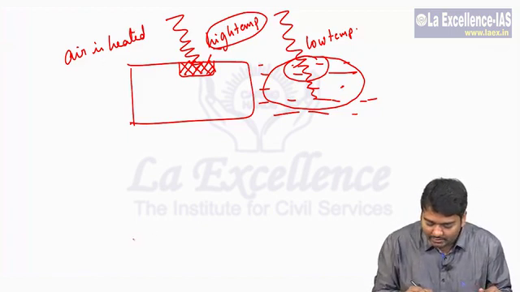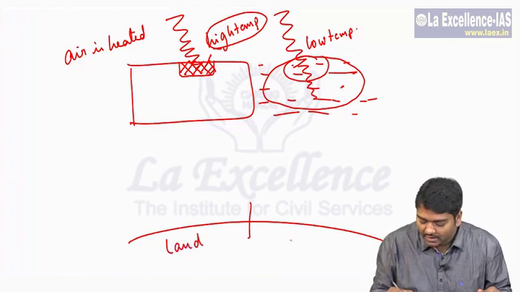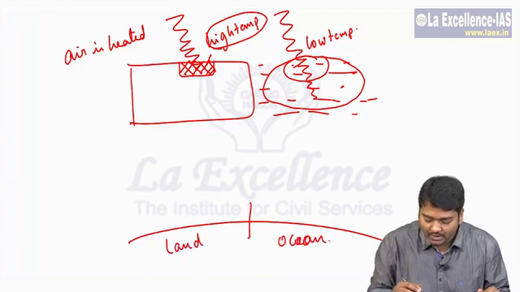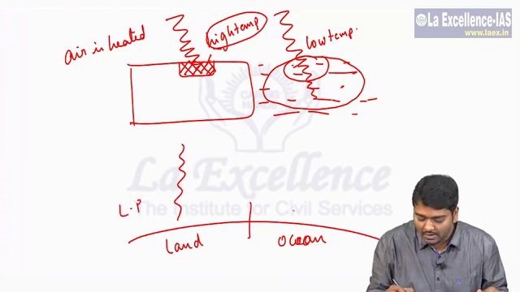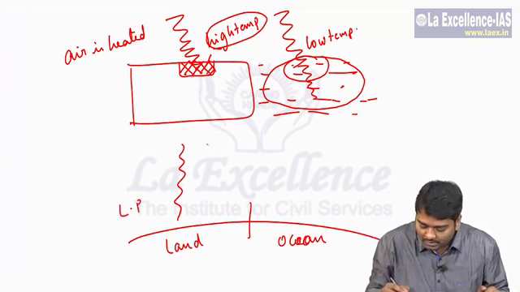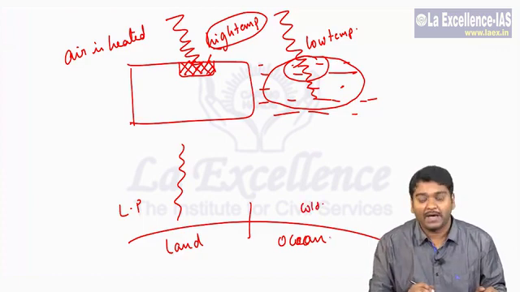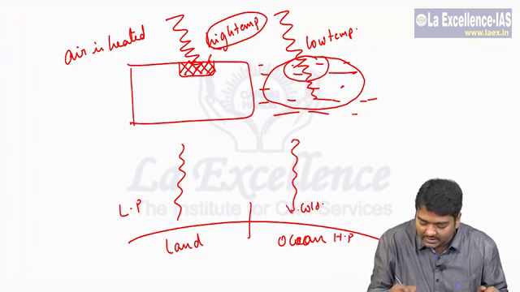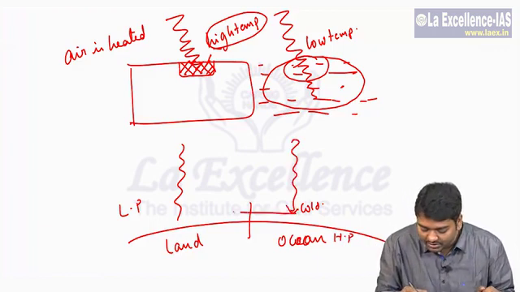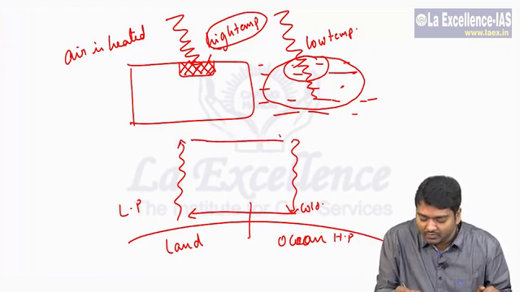So, if I am talking about land and ocean, here I have land and here I have ocean. Air is moving above, low pressure, and here it is comparably cold. So, I have high pressure here, it is coming down. From high pressure, it moves in this way, low pressure moves up, again it moves in this direction.